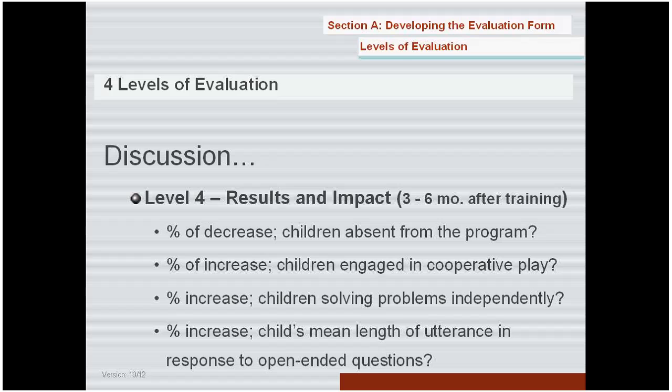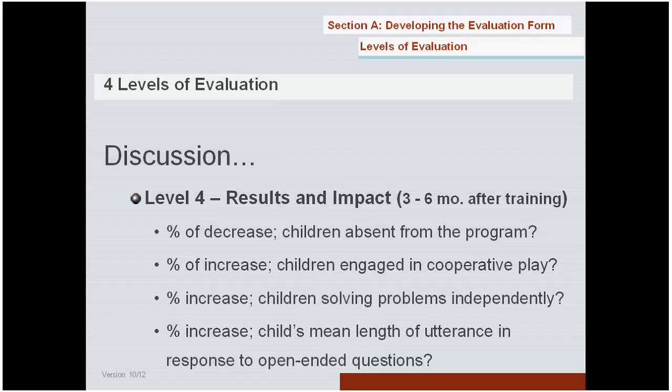That would be following some months after doing a problem approach to problem solving for children. Is there a percent increase in the mean length of utterance of children after you've given a workshop on using responsive open-ended questions? So these are the kinds of things that you can measure to find out if the change that the adult has made is actually having an impact on what children are doing or what's happening in the program.